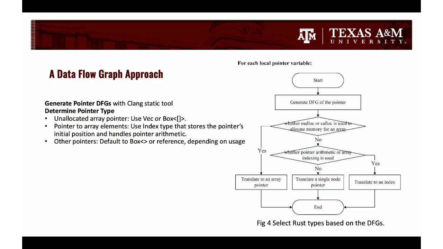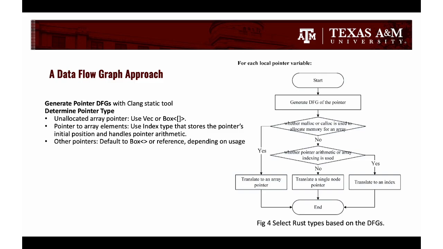To address this problem, we also apply data flow graphs, as it is a compacted version of code that tells the future usage of a variable and saves in token limit. The diagram describes our strategy for distinguishing between scalar pointers, array pointers, and pointer arithmetic.